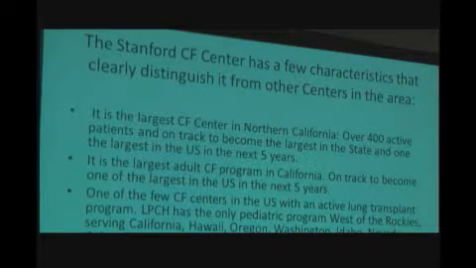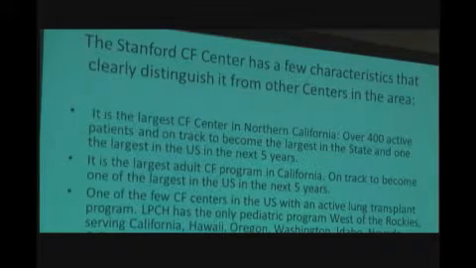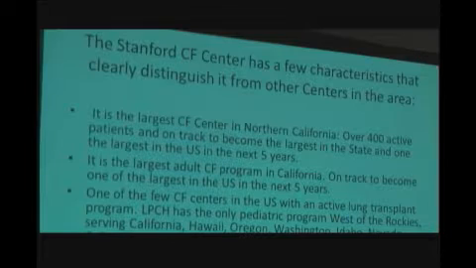Probably the one for which we're very well known is that we have the largest center in Northern California. We have over 400 active patients, and the number keeps growing by the year. So we're very much on track to be one of the largest centers in the country in 5 years from today, if the pace continues.